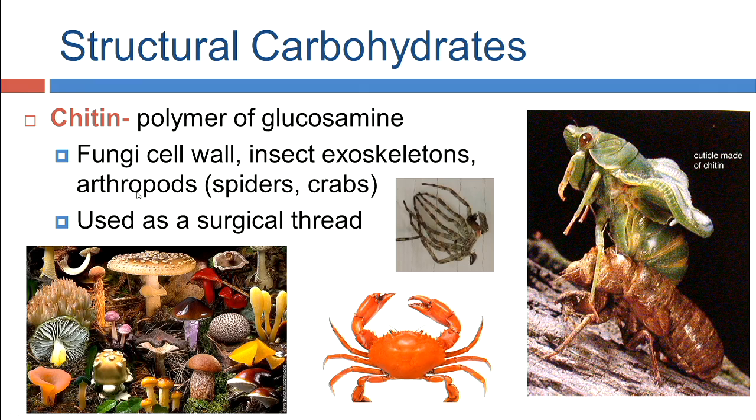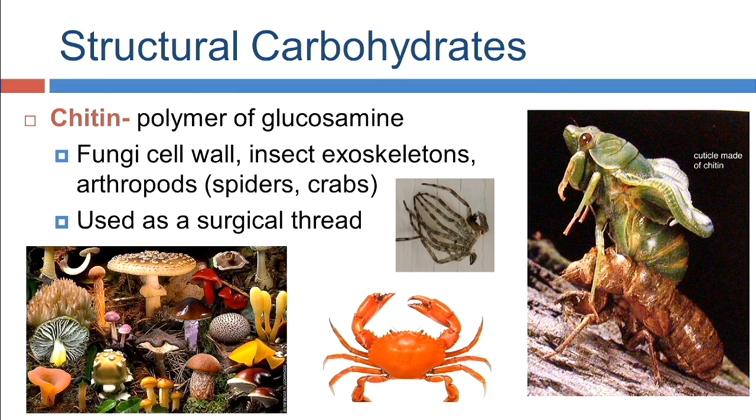If you're an arthropod, like a spider or a crab or a lobster, the outer shell, that's chitin. And if you see this around your house and you think, oh, thank God that spider's dead, probably not. If there's no little body attached, that means there's just a bigger spider crawling around your house somewhere because it just took its shell off and it's like, I'm bigger now.